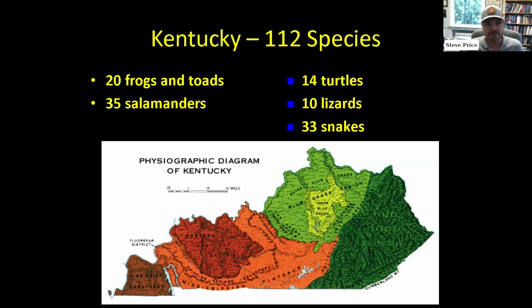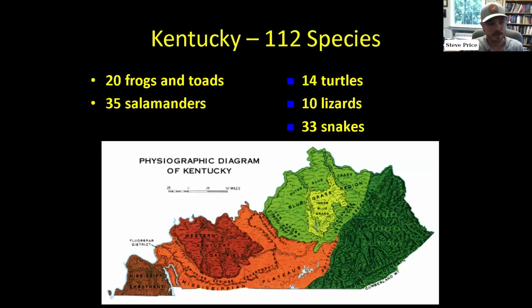Now, the diversity varies across the state. As master naturalists, you're probably familiar with this physiographic diagram of Kentucky, where in the western part of the state, you have the Mississippi embayment or the Jackson Purchase, and in the eastern part of the state, you have the eastern Kentucky coal fields. Those two regions actually have the highest diversity.